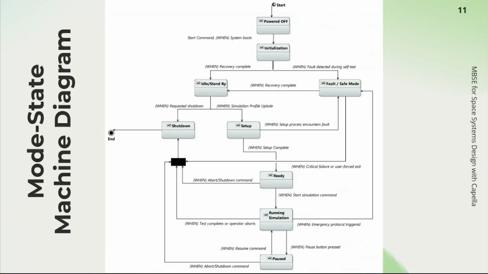So let's get back a little bit. This is a mode state machine diagram that we did. This is just a very simple approach to the natural flow that the vacuum chamber should follow. This may seem too logical, too easy to understand, but it helps us a lot because you have to think step by step through all the process that the vacuum chamber has to do when it is going to start and run a specific test.